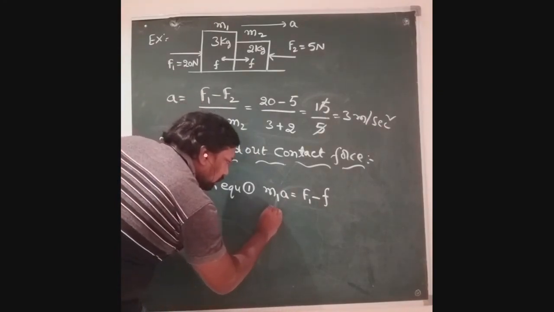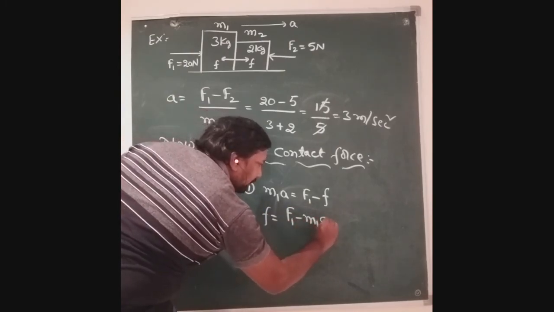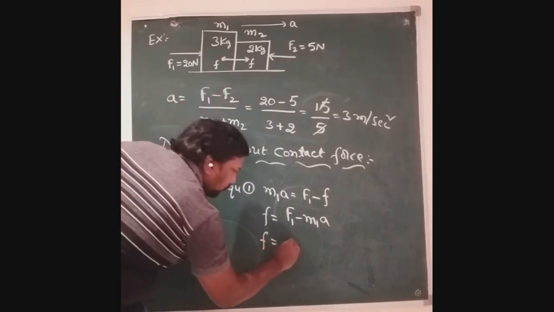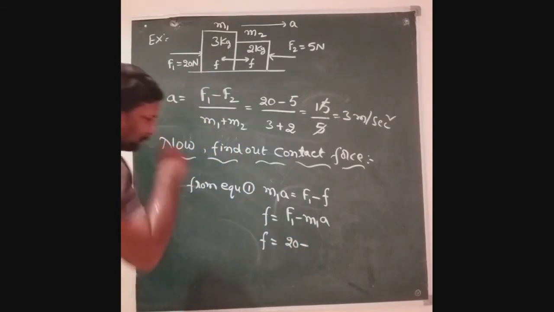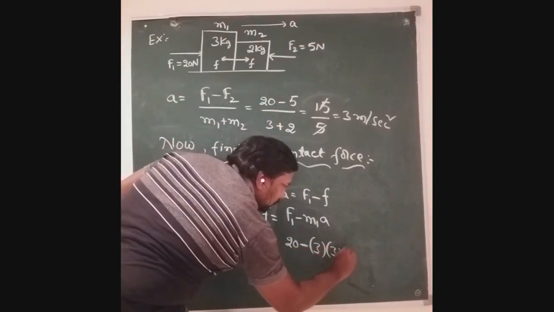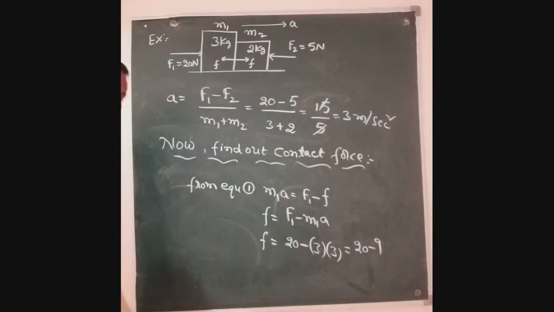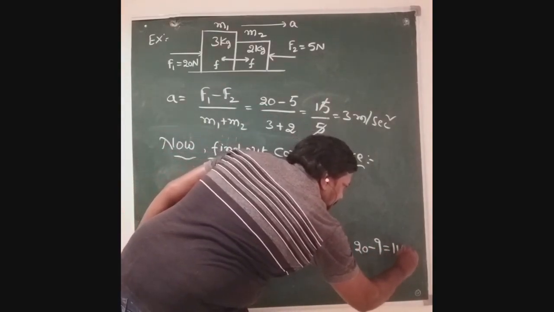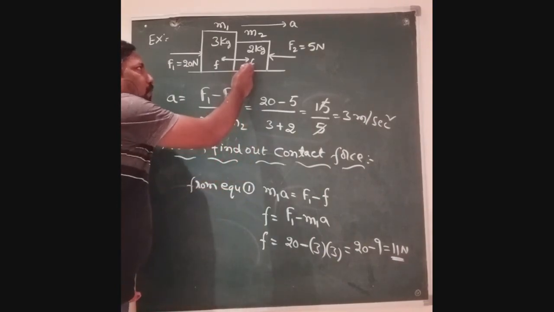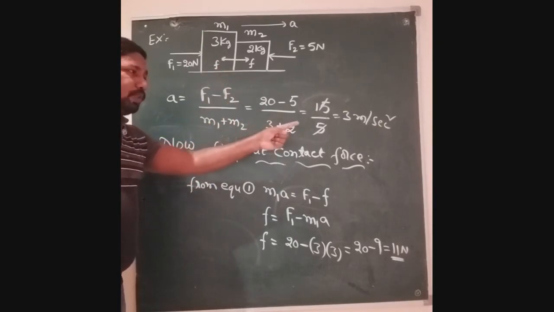Therefore small f equals F1 minus M1a. So small f equals F1, which is 20 newtons, minus M1, which is 3 kg, times the acceleration of this system, which is 3. So 20 minus 9, its value is 11 newtons. Here 11 newtons is the contact force between the M1 and M2 blocks, and the acceleration of this system is 3 meters per second squared.